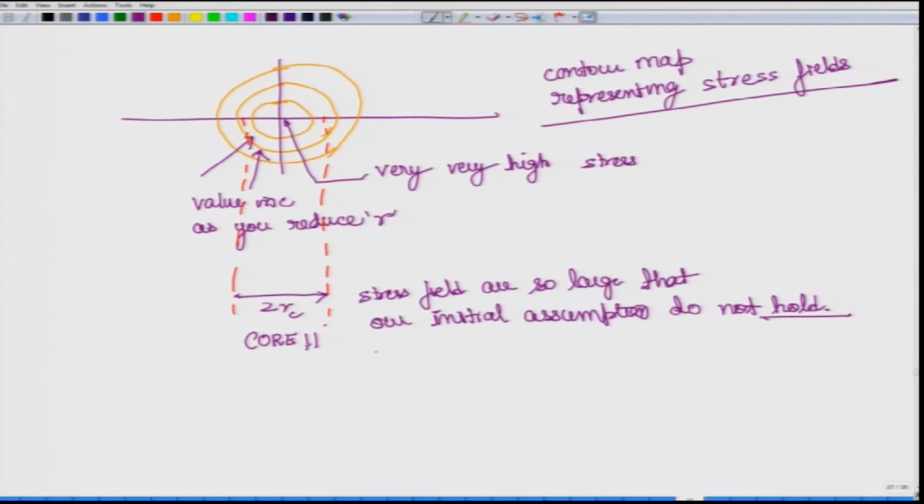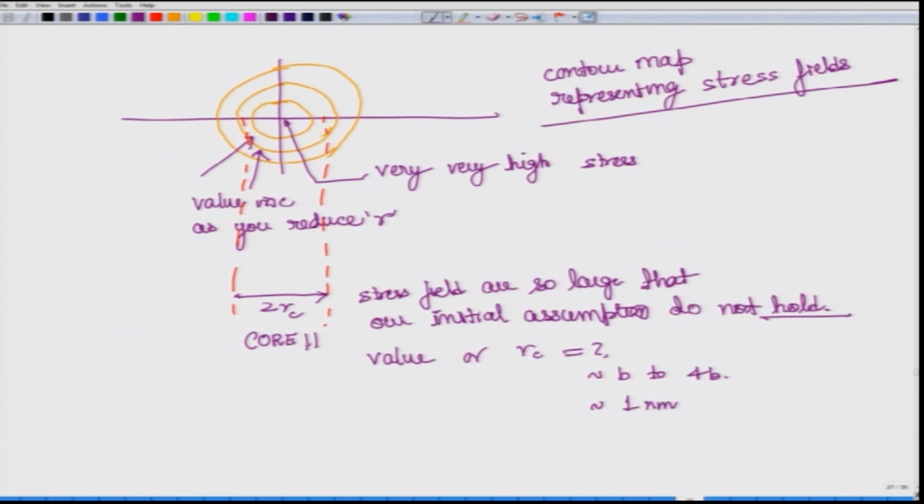So, what is this value of R critical? If you remember, we earlier said that it is somewhere of the order of b to 4b, or another approximation is 1 nanometer.